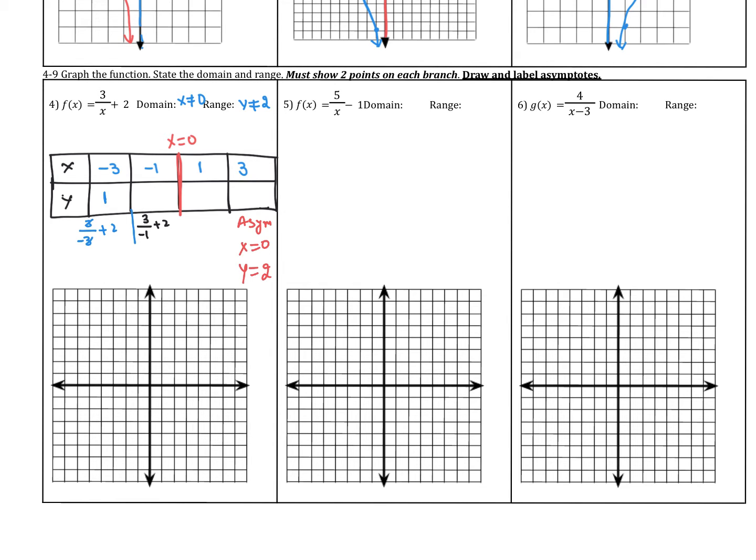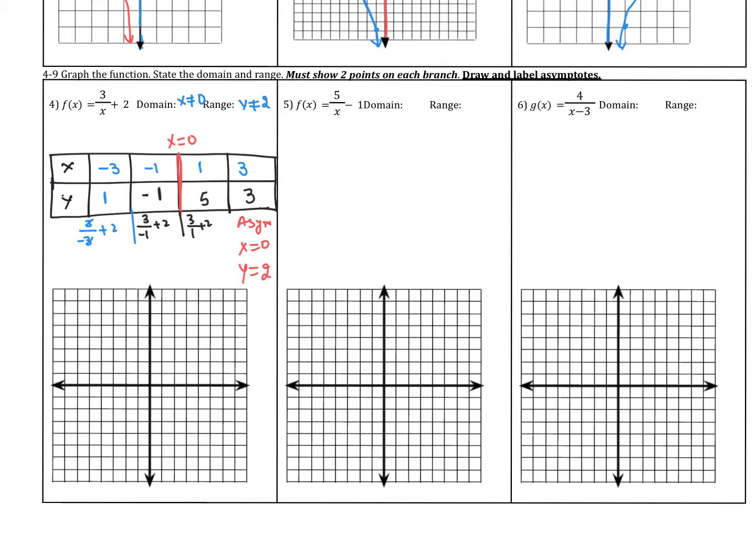That's negative 3 plus 2, which is negative 1. 3 divided by 1 plus 2 is 5. And 3 divided by 3 is 1 plus 2, that is 3.